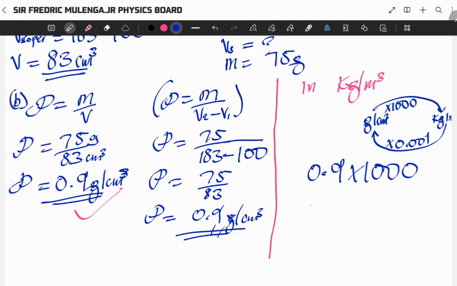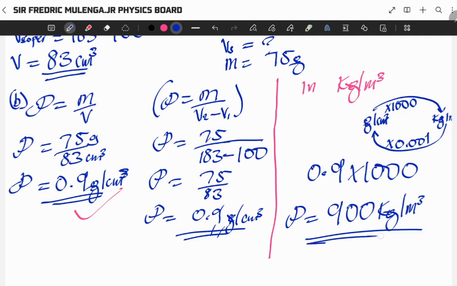My answer, the density in kilogram is just 900 kilogram per meter cubic. We are done. So we've shown two sides.